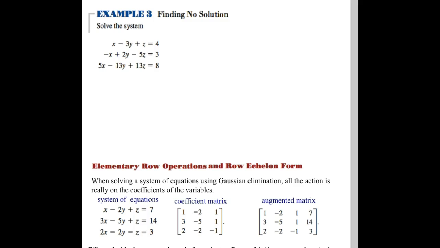Okay, which equation are we changing? We're changing equation 2. So we are going to add row 1 with row 2. All right, so in my new system, row 1 does not change. Row 3 doesn't change.